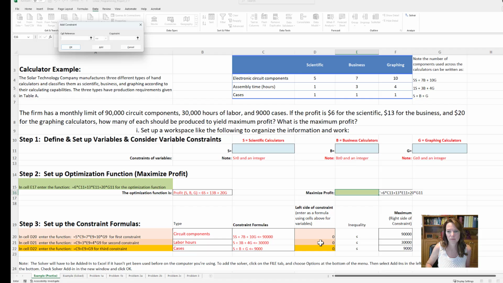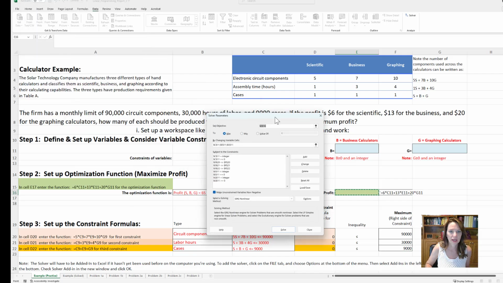Let's add the second one. So the second orange cell is less than or equal to the right-hand side of the constraint. And lastly, that darker orange is less than or equal to 9,000. And now I can see I've got those 3 highlighted constraints.